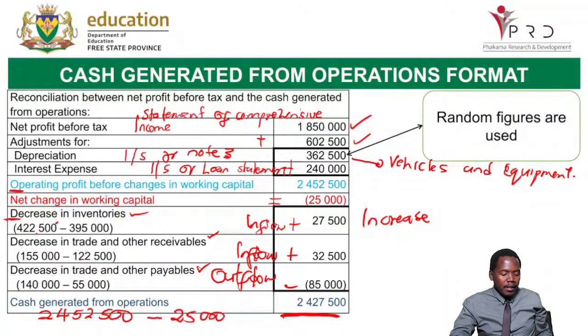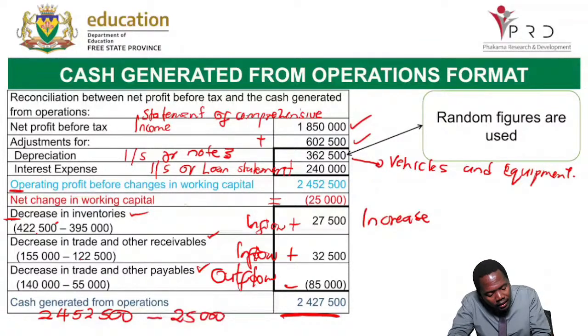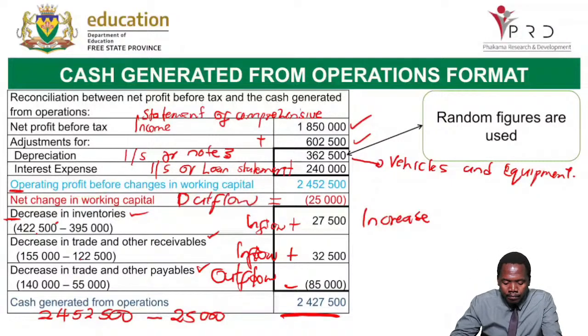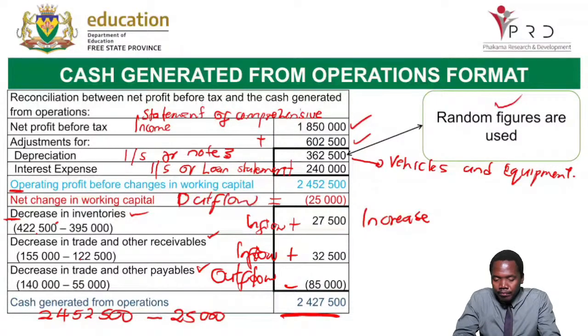Meaning it can be 2,452,500 plus if that amount was an inflow. But in this case, this amount is an outflow. So we have to subtract it. We just decided to use random figures, remember? When we explain or demonstrate formats, we use random figures so that it becomes realistic.